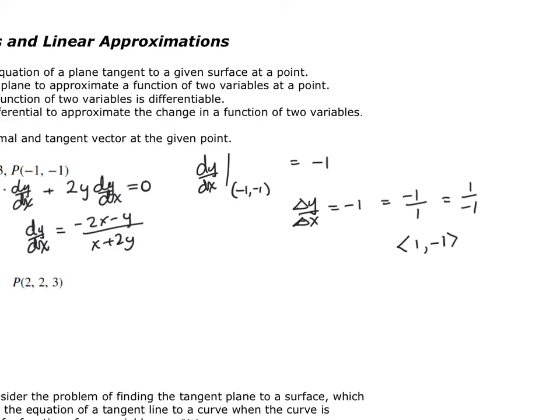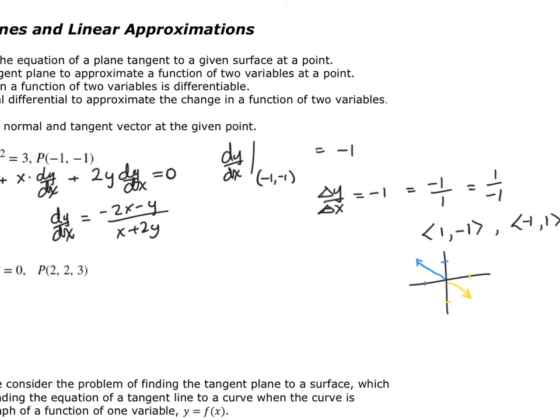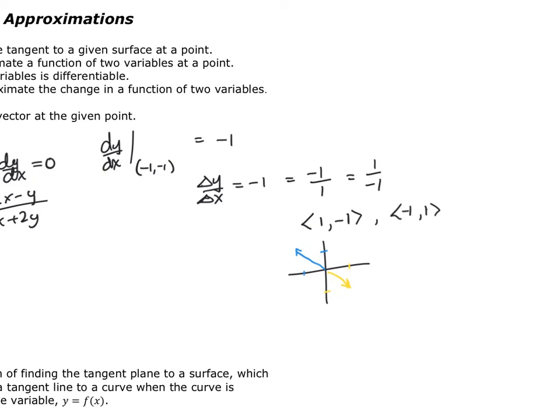If I were to draw this vector, I would go positive 1 and then down 1, so that would be a possible vector. Another vector I could use is negative 1 and positive 1. This also satisfies that direction. So my tangential vector can be either one of these two.